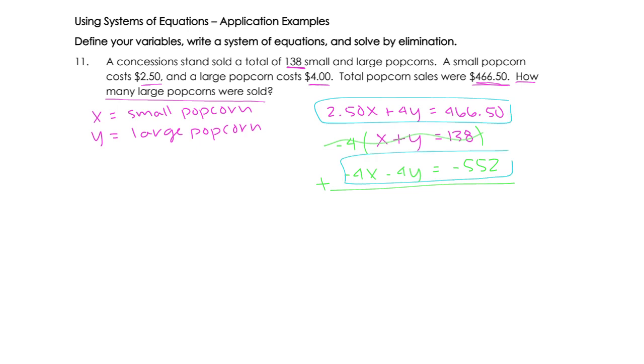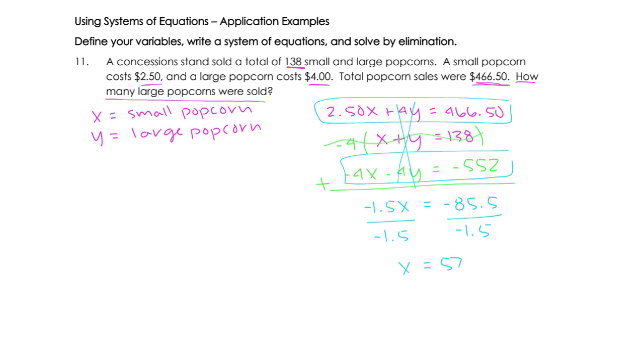Notice we are not looking at that middle equation anymore. So 2.50x and negative 4x would make negative 1.5x, and then my 4y's cancel out. 466.50 and then negative 552 makes negative 85.5. And then I'm going to divide both sides by negative 1.5. And then I get x equals 57.